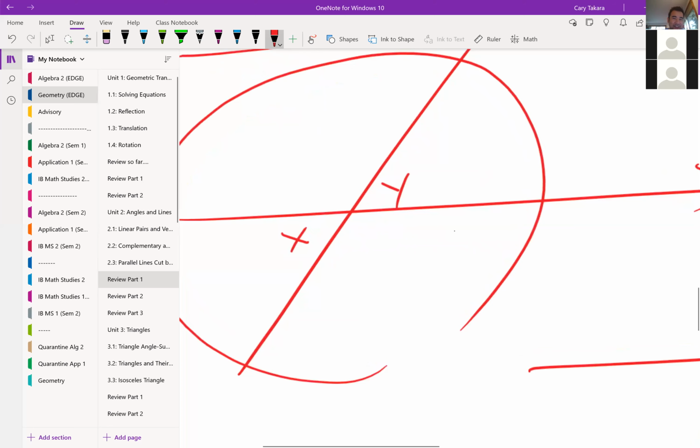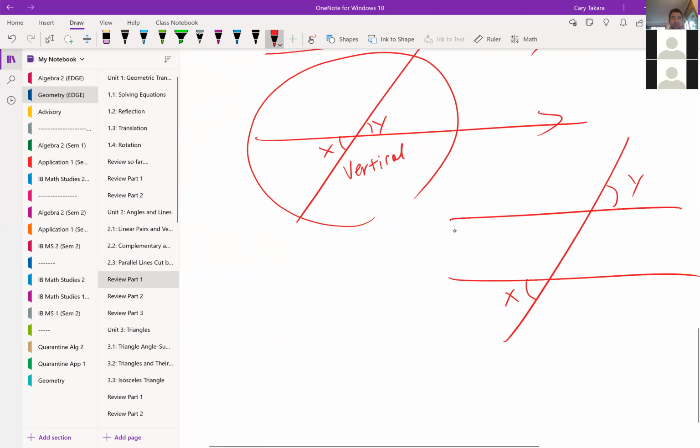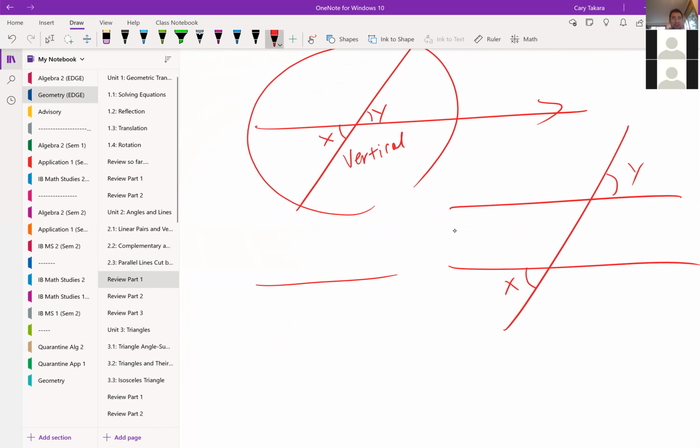But this one, just focus on right here. What does that look like? Isn't this vertical? It's a vertical angle. It's just opposite angles, right? So I guess one tip is this.